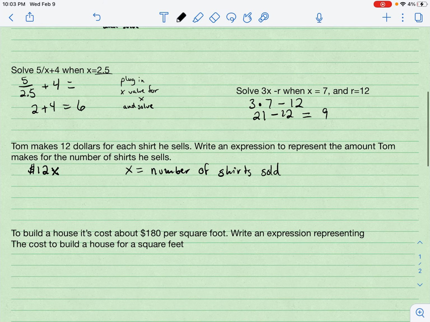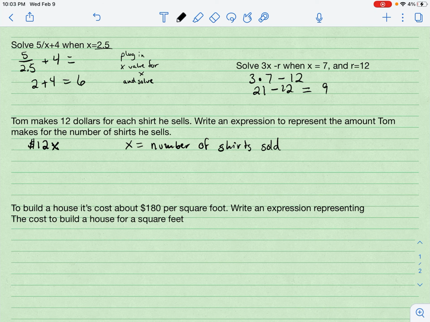Okay, likewise, another thing, if you go to build a house, usually they're going to say a good estimate is going to be this much money per square foot of house. So to write an equation, you're just going to take your price and I'm going to use F here, F for square feet.